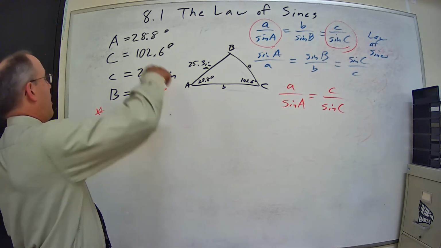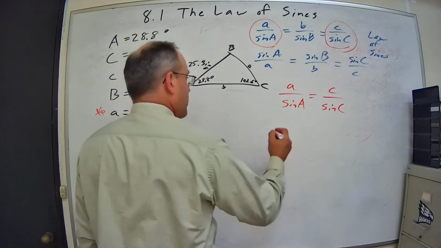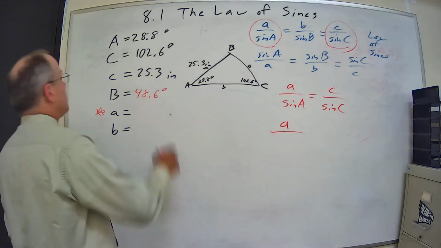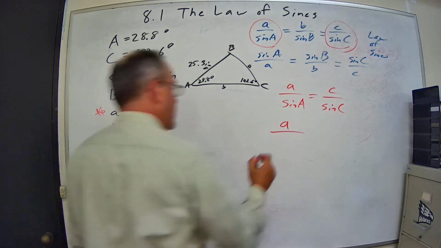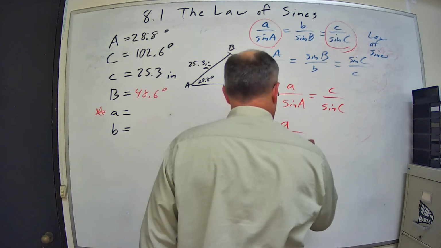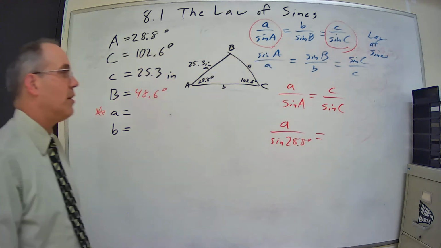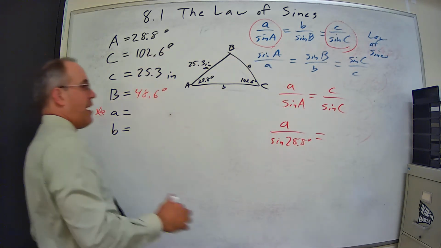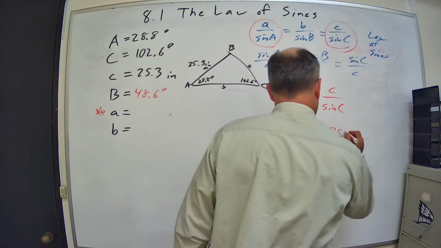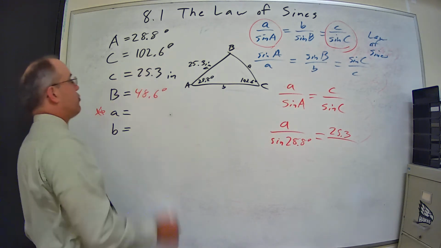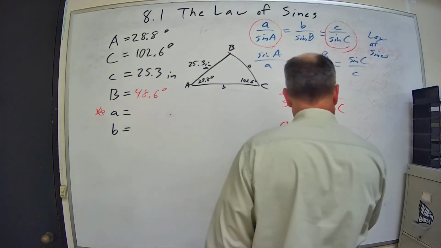I'm looking for A, so I'm going to leave it as A. Angle A is 28.8, so sine of 28.8 degrees. C is 25.3 over sine of C, and angle C is 102.6.